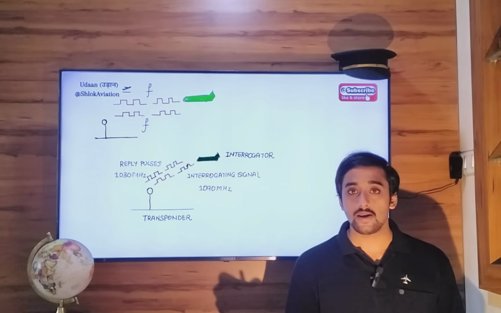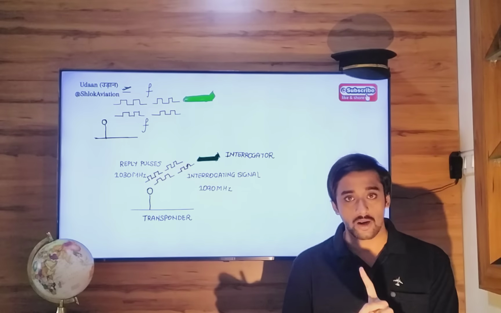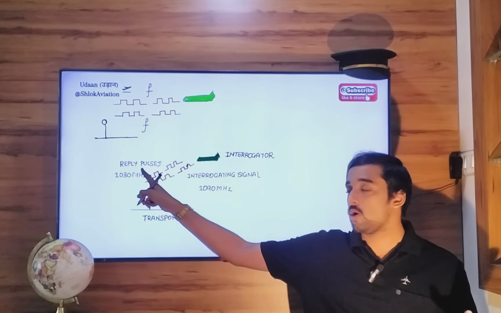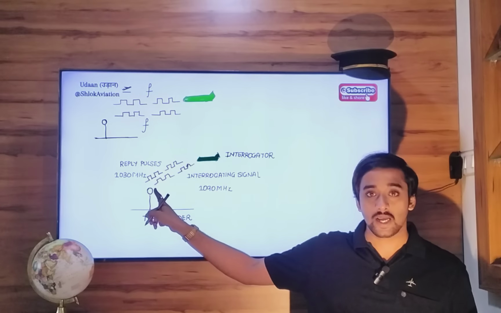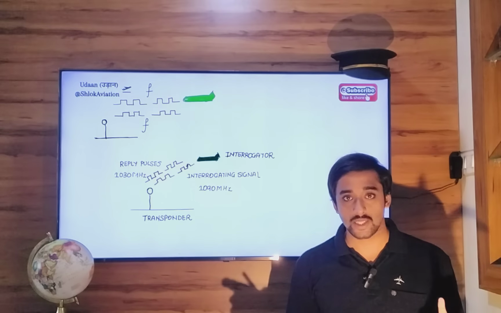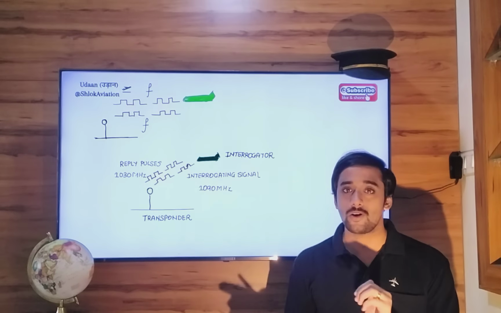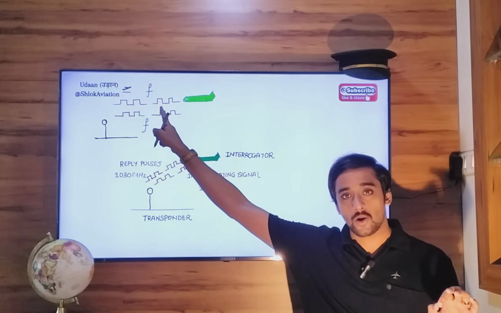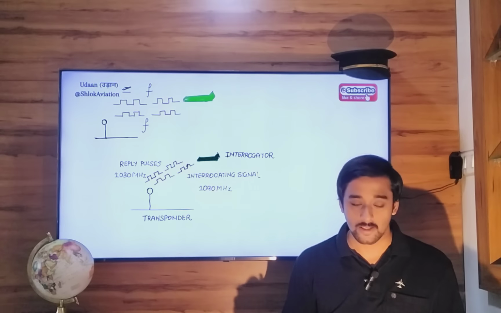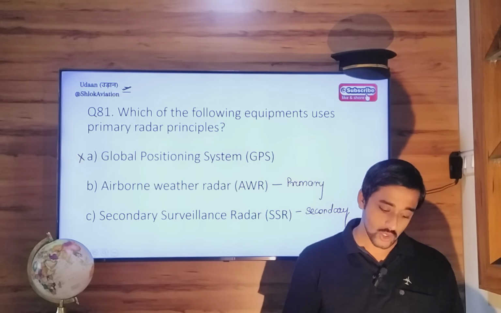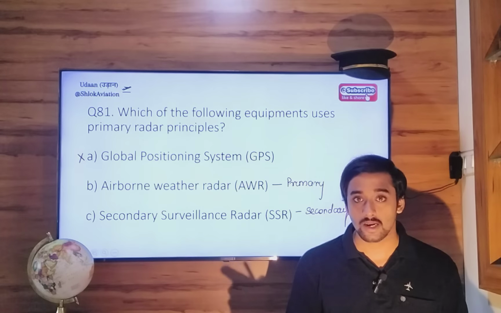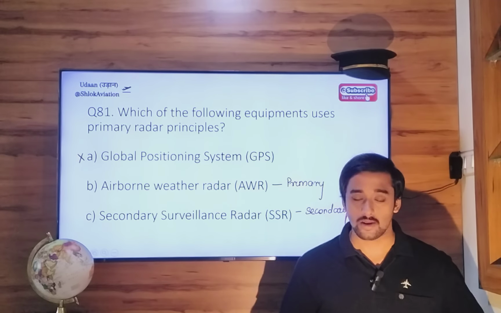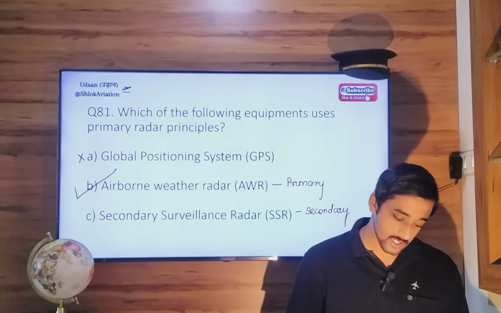So you can see there is one frequency for the interrogation signal and a separate, different frequency for the reply signal. In secondary radar we use two different frequencies, one for interrogation, another for reply. In primary radar we use the same frequency for interrogation as well as for reception. So that is the difference between them. Airborne weather radar is a form of primary radar, and secondary surveillance radar is a form of secondary radar. So option Bravo is the correct answer.